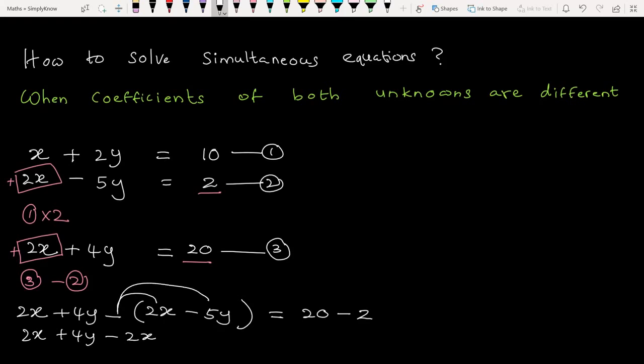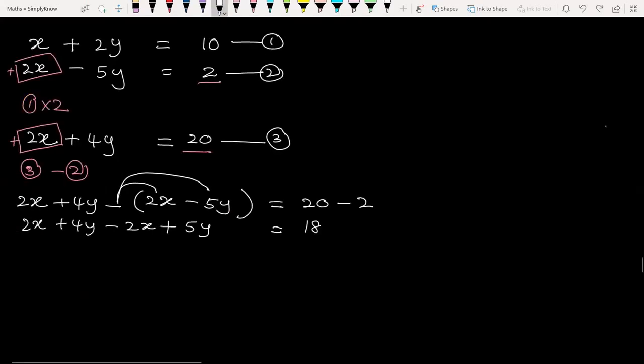Minus times minus 5y is plus 5y, equals 18. Now we can cancel plus 2x and minus 2x. Then 4y plus 5y is 9y, equals 18. So y is 18 divided by 9, which is 2.